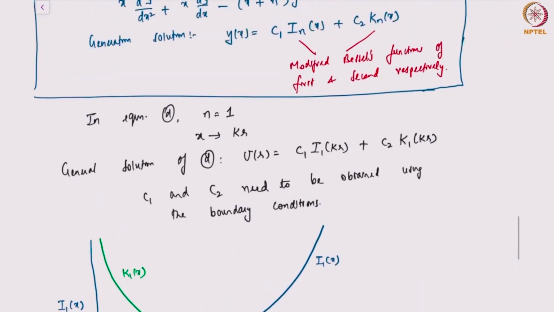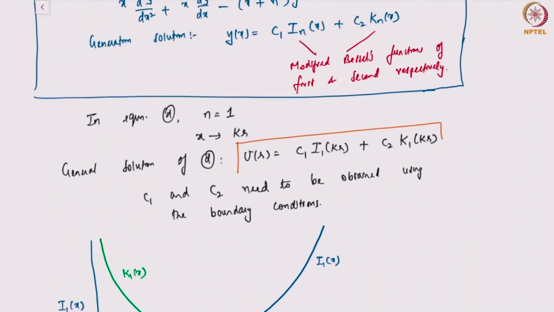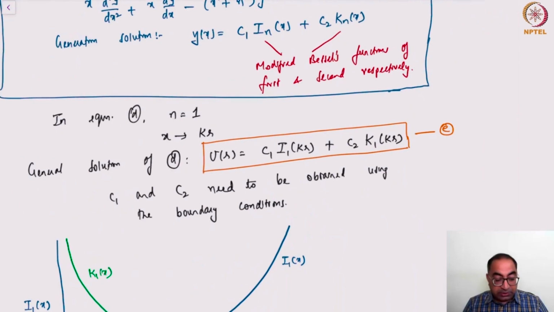I think it's important to highlight this general solution. Let's call this equation E. So in the next lecture, we will apply the boundary conditions and get the constants C1 and C2, and that will give us the dispersion relation.